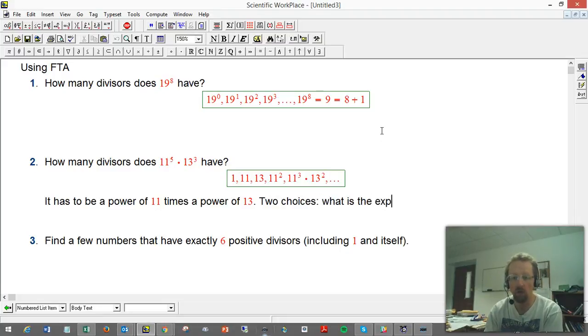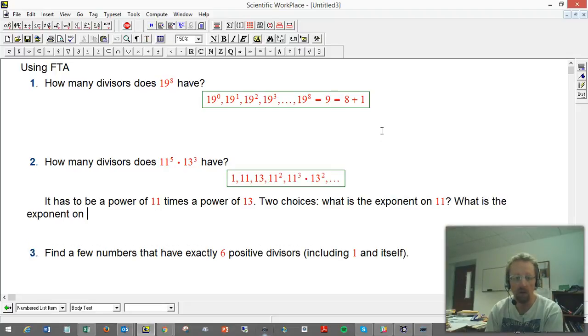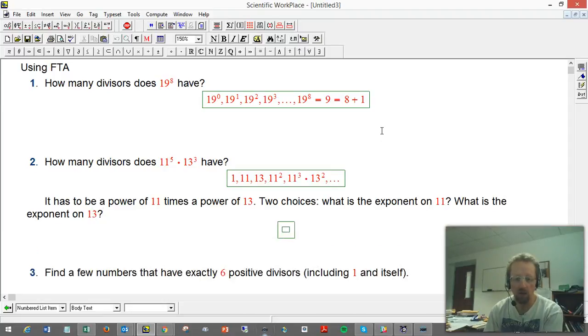What is the exponent on 11? What is the exponent on 13? Aha, okay. So in other words, it's going to be something of the form 11 to the A, 13 to the B, and we can choose A to be anything from 0 to 5, that's 6 choices, and B can be anything from 0 to 3, that's 4 choices.